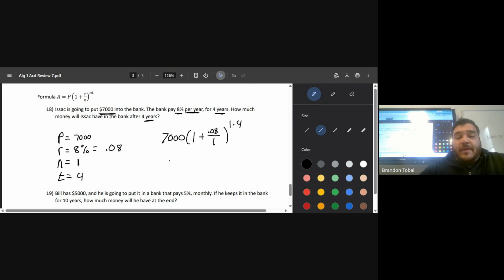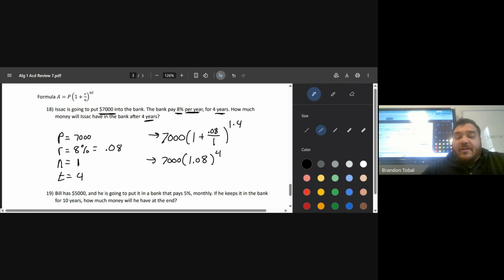I could clean it up a bit. 7,000 equals, it depends on the situation. Oh, this should be 8, not 4. You could plug it in just like this, or you could clean it up and plug it in. I don't care which one. Maybe if you're more confident with the calculator, you could plug it in.